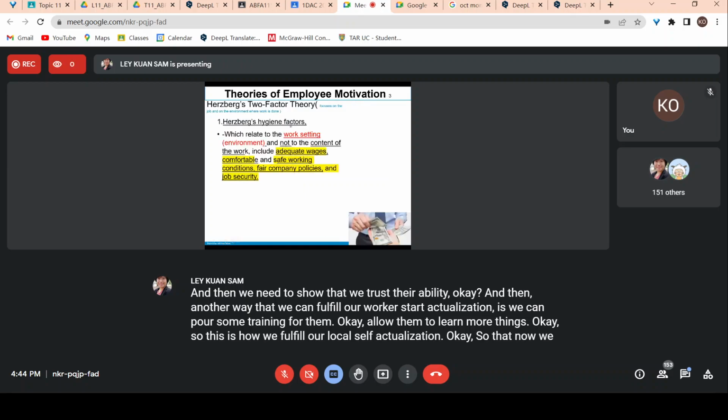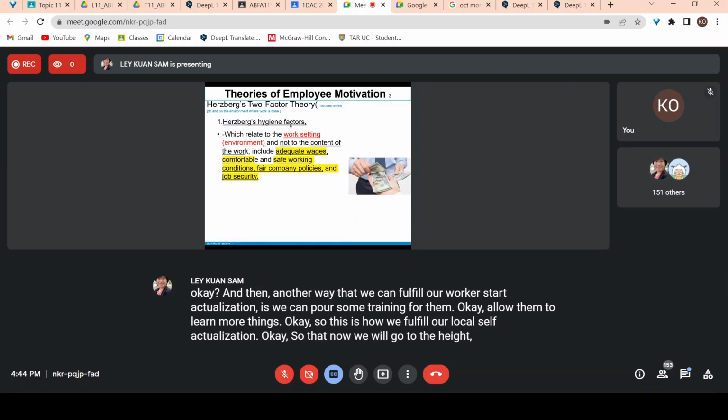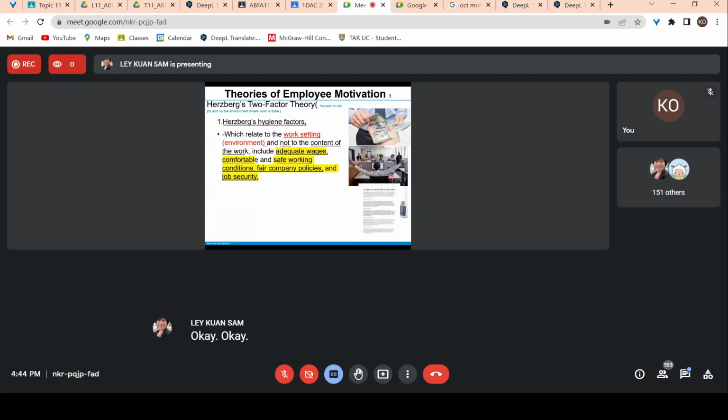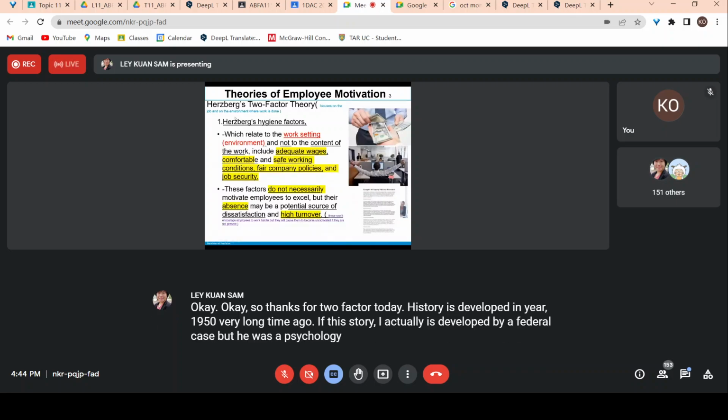Student, now we will go to Herzberg's two-factor theory. Herzberg's two-factor theory. This theory was developed in the year 1950, a very long time ago. This theory is actually psychology.